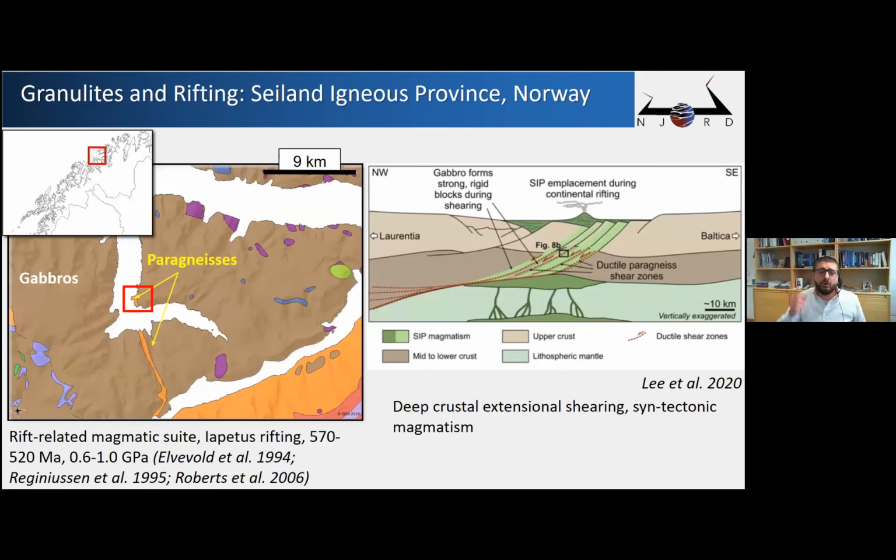In order to do so, I will bring you to northern Norway, and more specifically to the Seiland Igneous Province. We are not too far from North Cape here. The Seiland Igneous Province is a rift-related magmatic suite that emplaced at 570 to 520 million years ago at about 0.6 to 1 GPa depth during Iapetus rifting, or let's say this is the present-day interpretation for the origin of the Seiland Igneous Province.